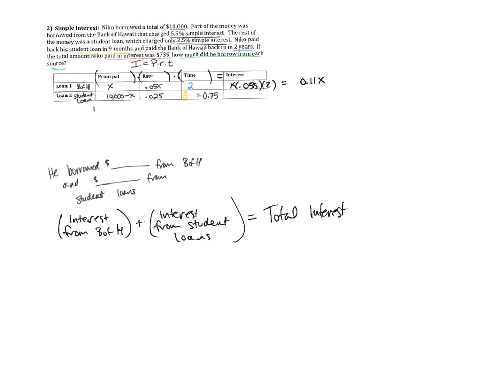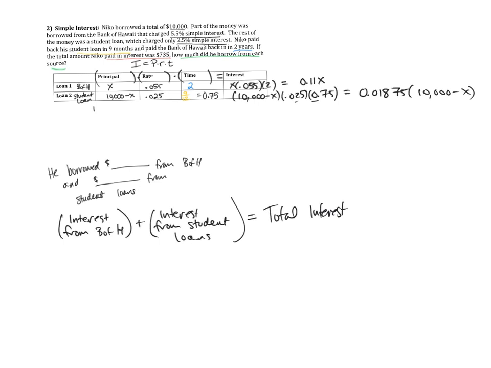And then this other one has 10,000 minus x times 0.025 times 0.75, and that simplifies to, if I just multiply these together, 0.01875 times 10,000 minus x.